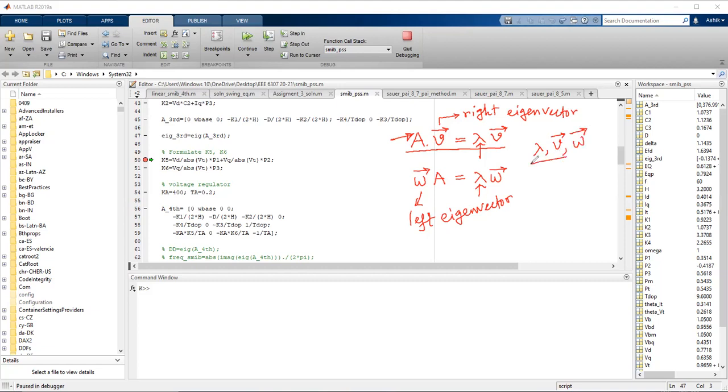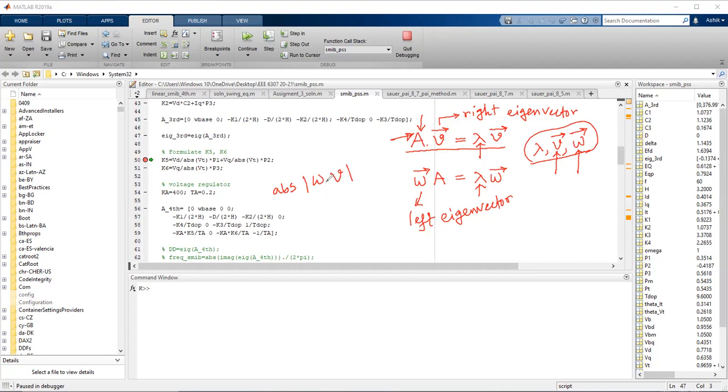If you know these three, if you can calculate them for a certain A matrix, then the participation factor simply depends on V and W. So you take the elements of W and the elements of V, and then you take the absolute value of that.